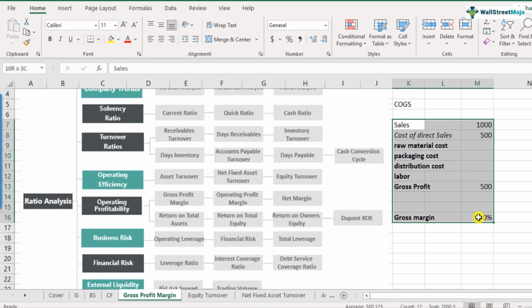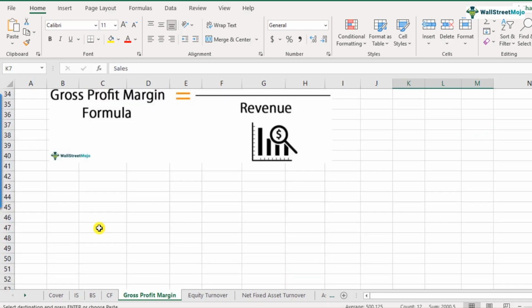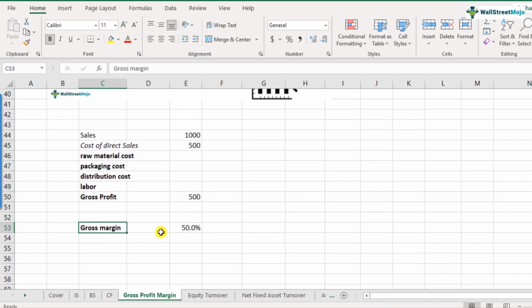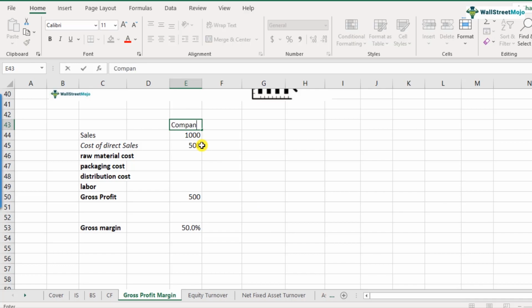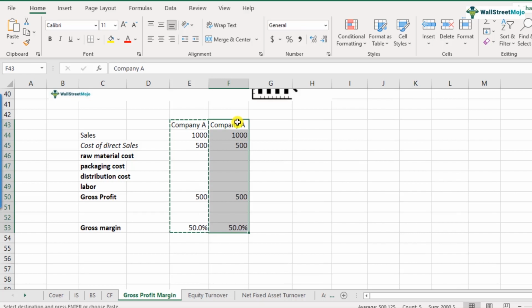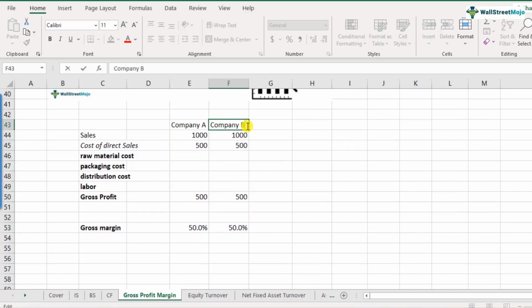Let us now look at some of the nuances of the gross profit margin. I'll just copy the same example, where we got the gross profit margin here. Let's say there are 2 companies. This was company A. And then there is company B, which has a gross profit margin of, let's say, 58.3%.